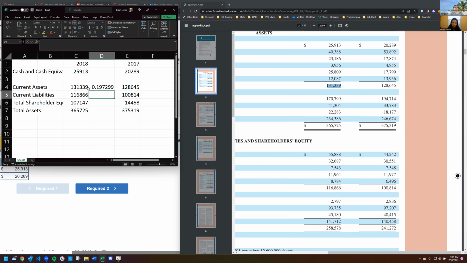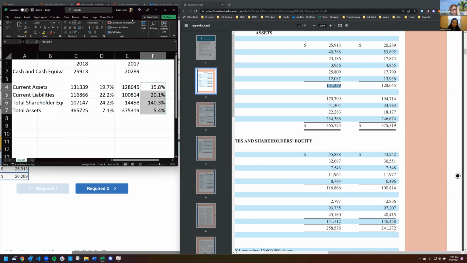Then I can drag this down, and those are all my percentages. I can convert them to percentages with 1 decimal point, and voila. Same thing, copy and paste. So now I should be good to go.